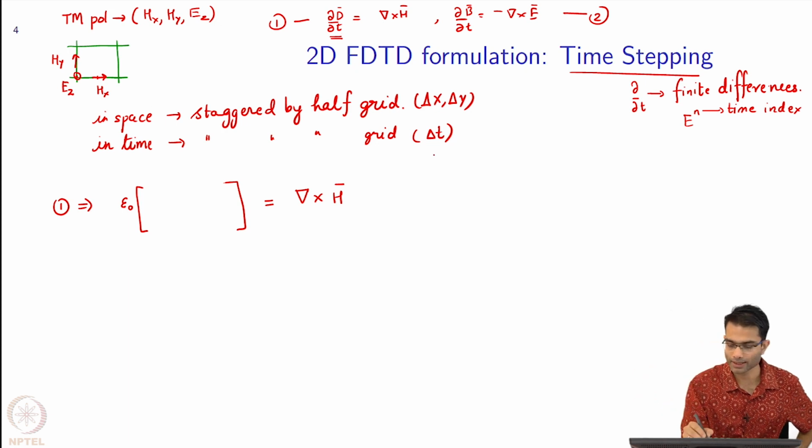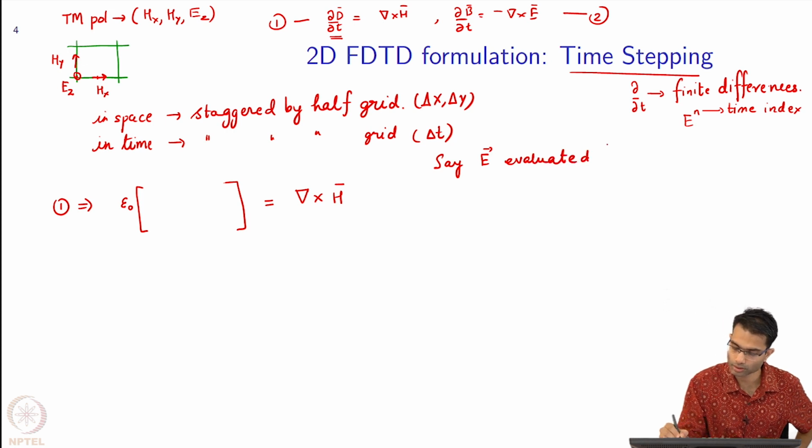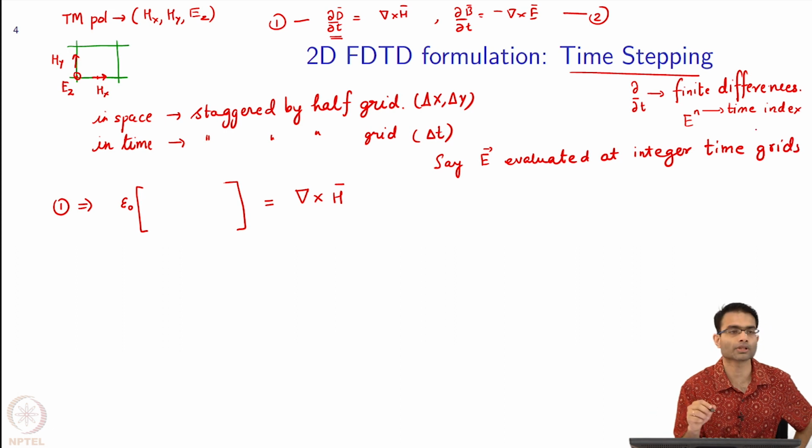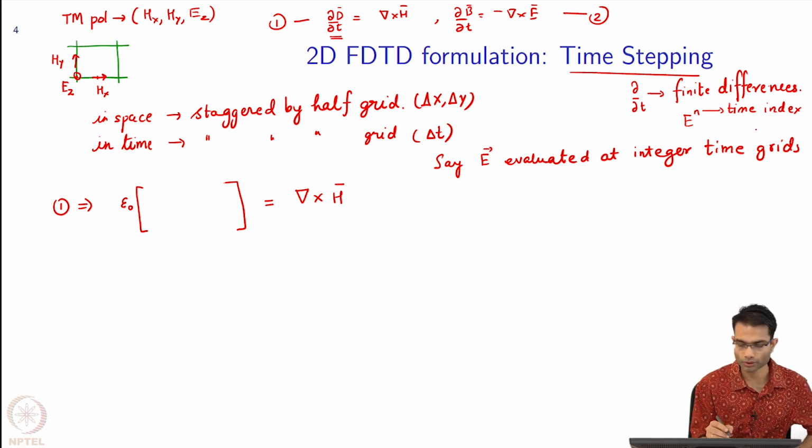Okay. So, let us say E is evaluated at integer points, integer time grids. So, E^(n+1), E^(n+2) and so on. So, what should I write over here in this square bracket for the time derivative?